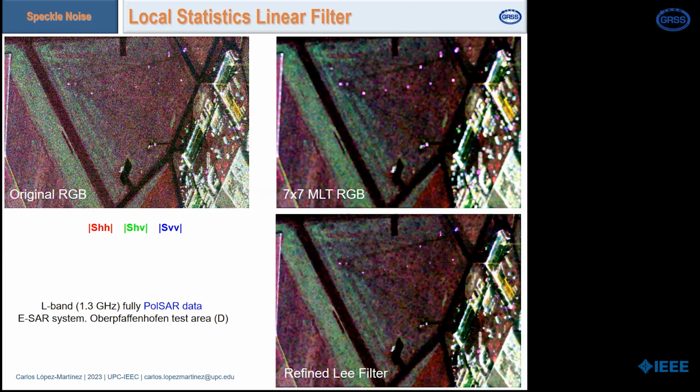Normally there are no specific filters for the texture, because the texture is something you automatically preserve with the filter. There is nothing specific for the texture beyond the estimation of the moments that characterize it.